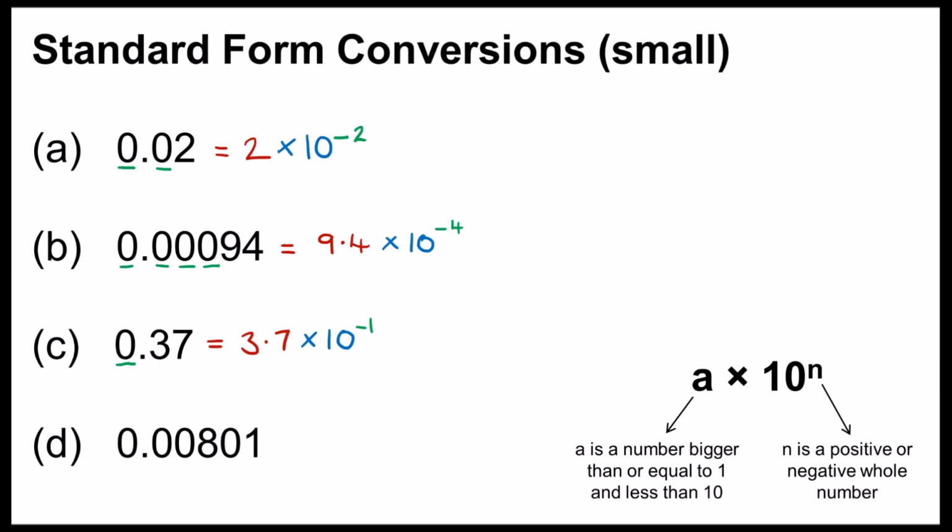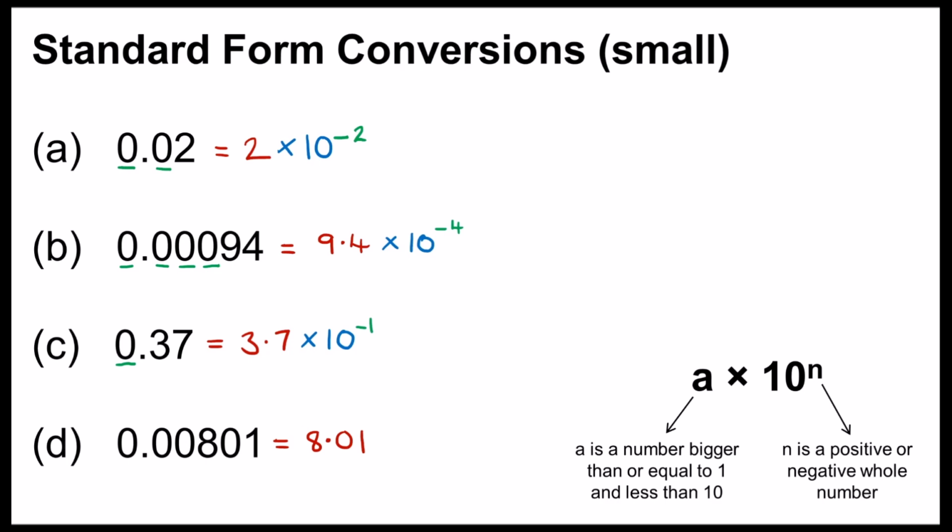In my final question, the key digits are 8, 0 and 1. So I'm going to put a decimal point between the 8 and the 0 to get 8.01. This is now a number bigger than or equal to 1 but less than 10. Notice how in this example our key digits include a 0.